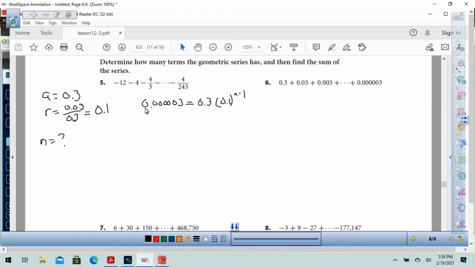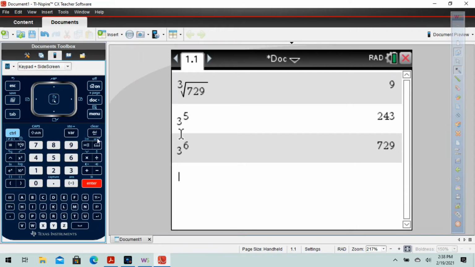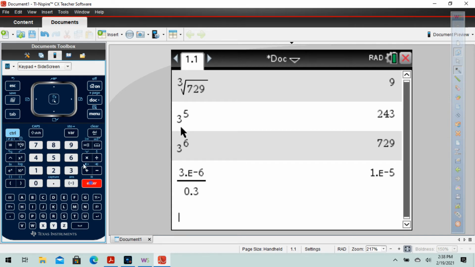All right, so we're going to divide both sides by 0.3, and we're going to get 0.12345 divided by 0.3, and we get 0.1.